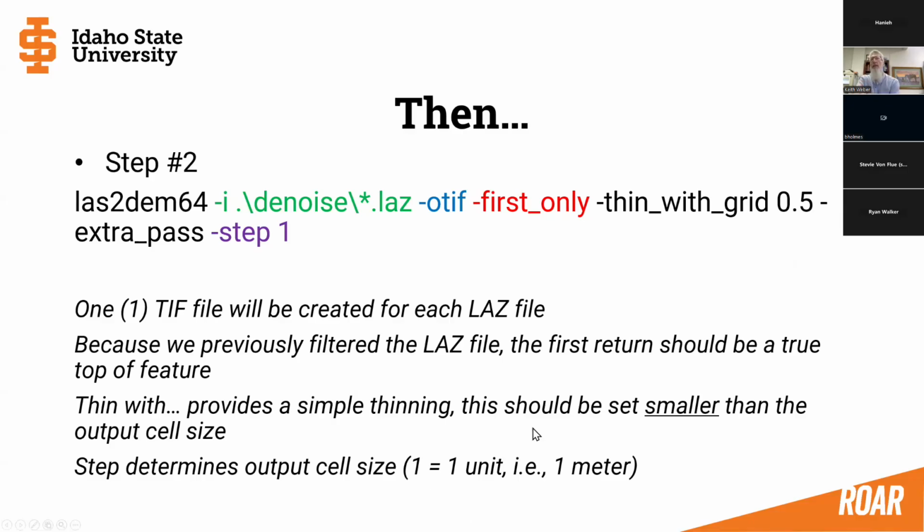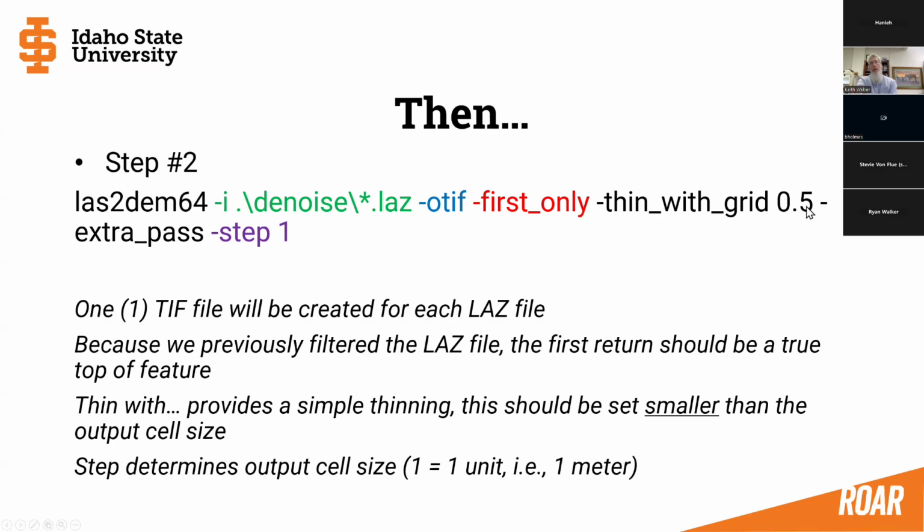And because the spatial reference system of this LAZ or LAS file is in meters, well, that simply means that the output raster TIFF file is going to have 1 meter pixels. So normally we would set our thin width grid to half of that, okay?